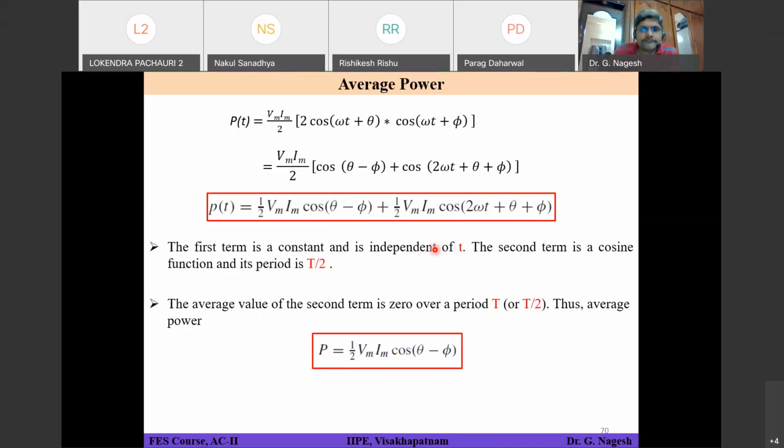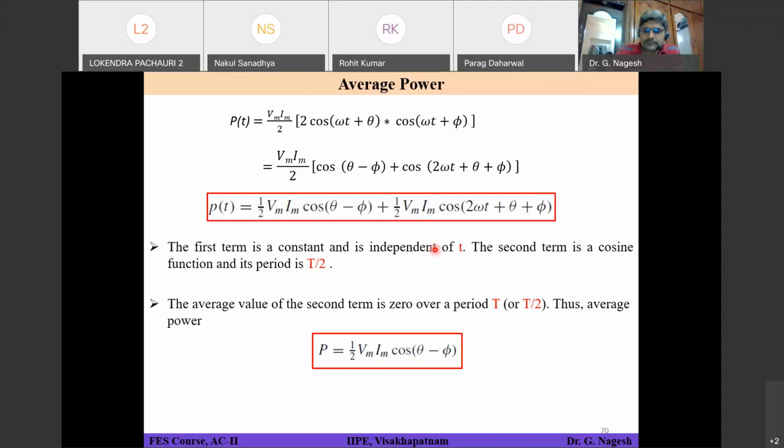Sir, if we calculate the average power, then 0 to T is the time period of current or voltage.